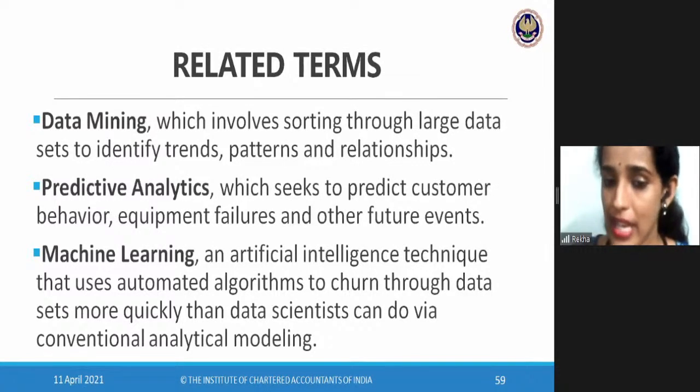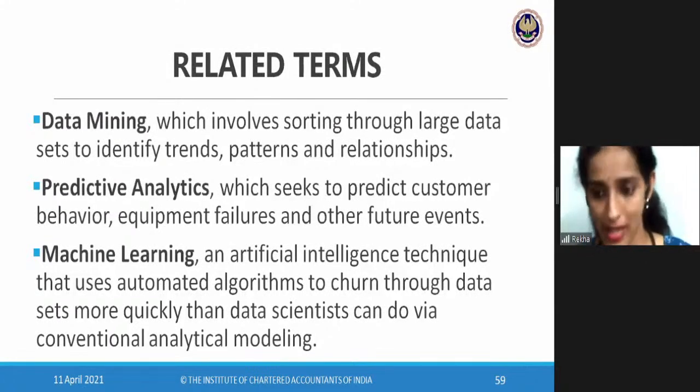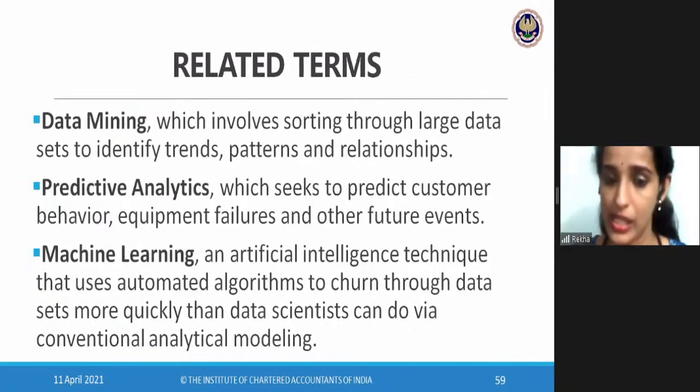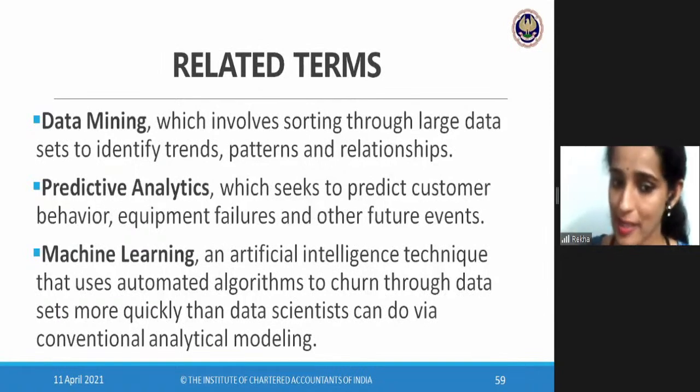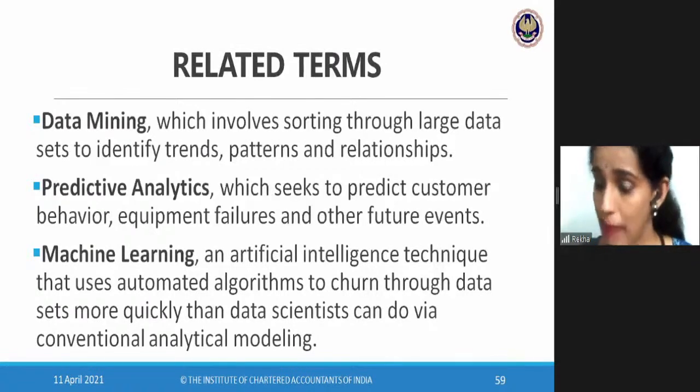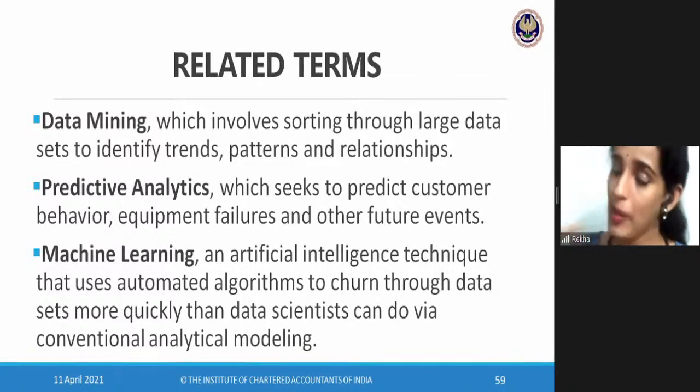Now, predictive analysis is another term often used along with machine learning, but both are different. Predictive analysis is more about predicting trends and behavior, whether a particular customer will abandon a product or whether this product will click among this particular age group of customers. All this is done by predictive analysis. But machine learning uses artificial intelligence.